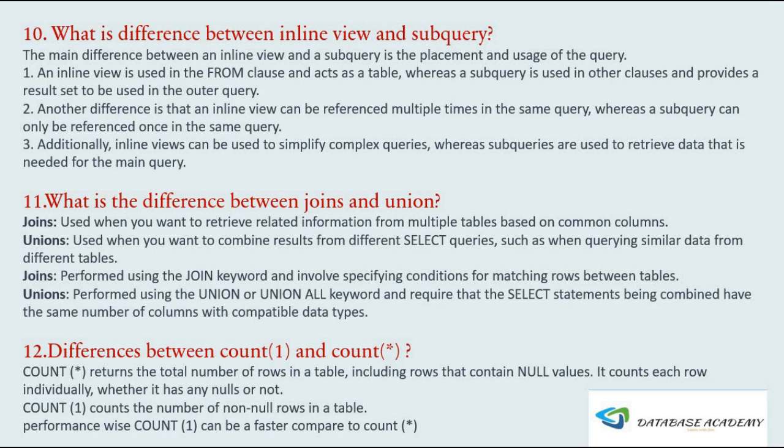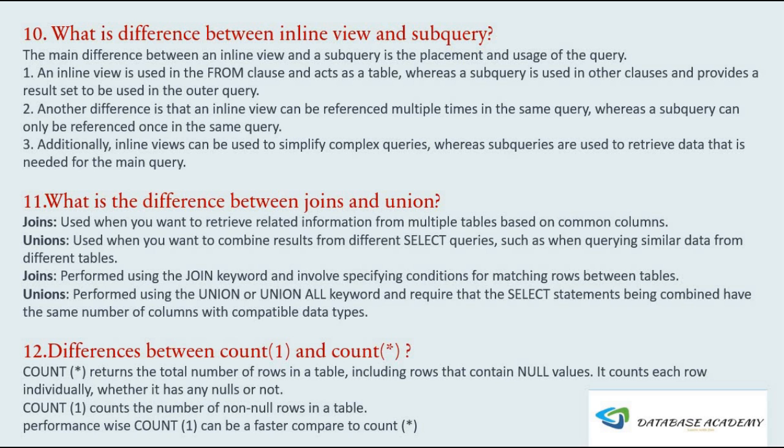So let's say in union all, if the first select statement has 4 columns and the second select statement has 3 columns, then we will get an error. Or if we have a different data type, that time also we will get an error. So the number of columns and their data types should match for all the select statements. Then only union and union all will work.